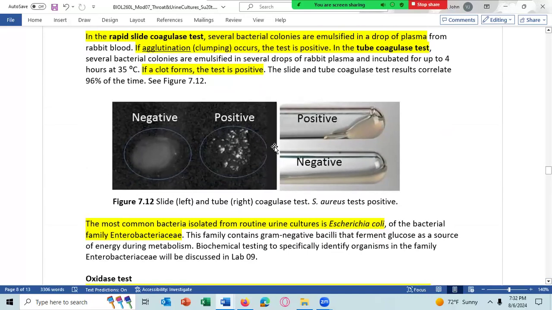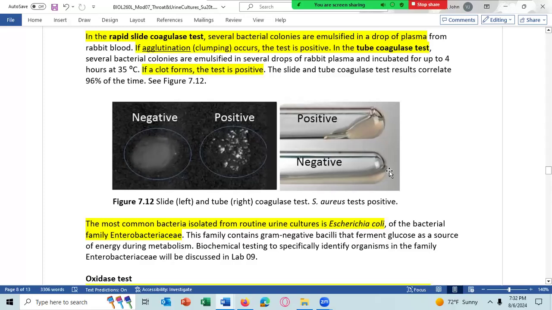There's the test tube test, where if the bacteria create coagulase, the serum will clump or clot, and will not pour. And then for the coagulase negative test tube test, you tilt the tube and the serum will be liquid.